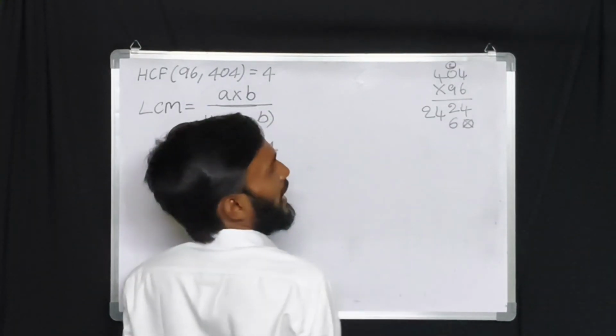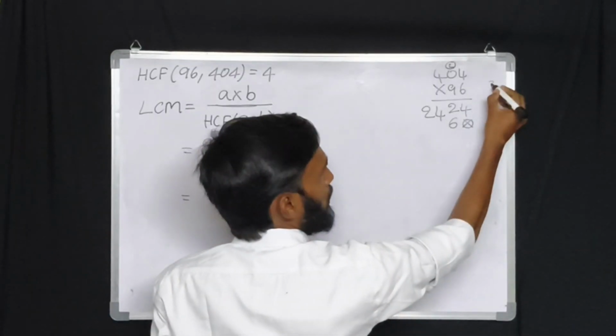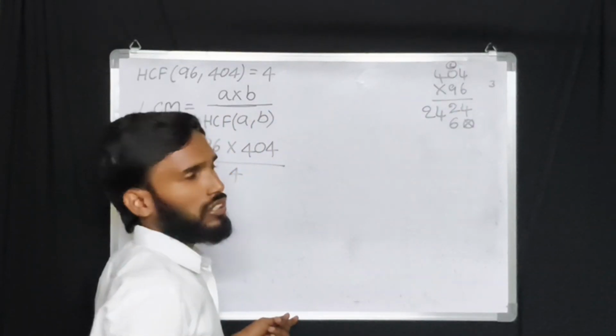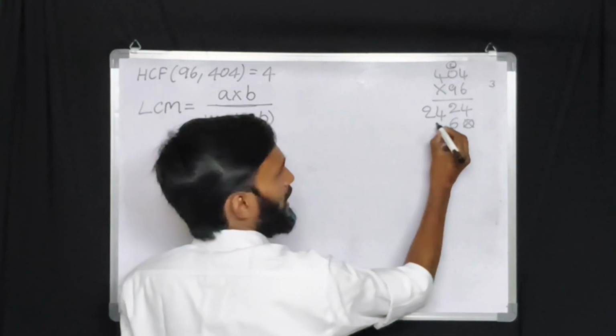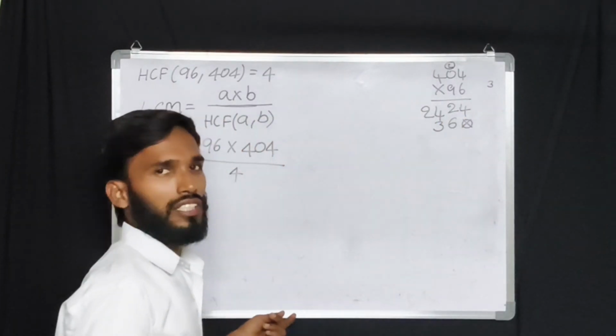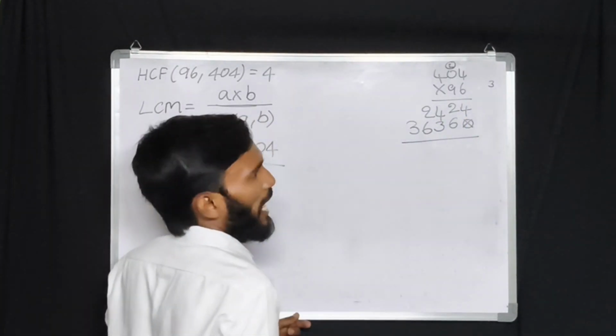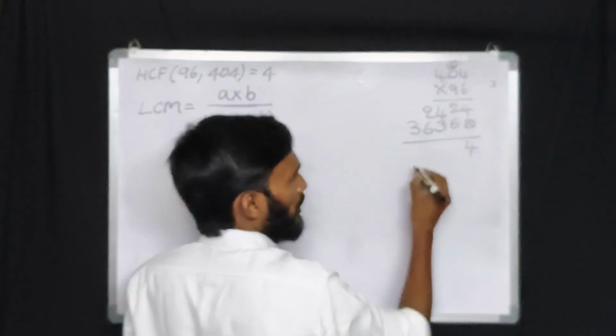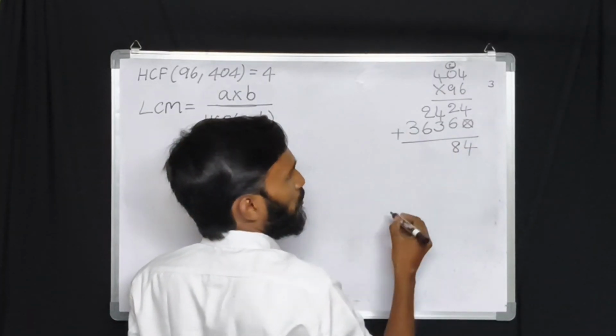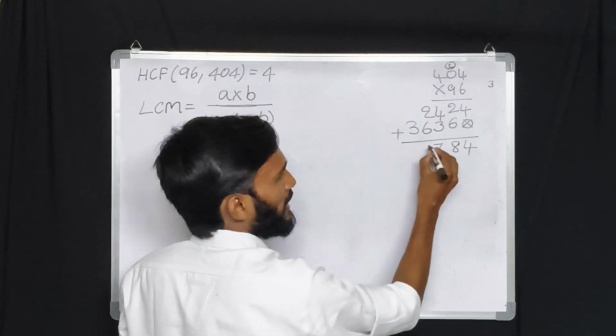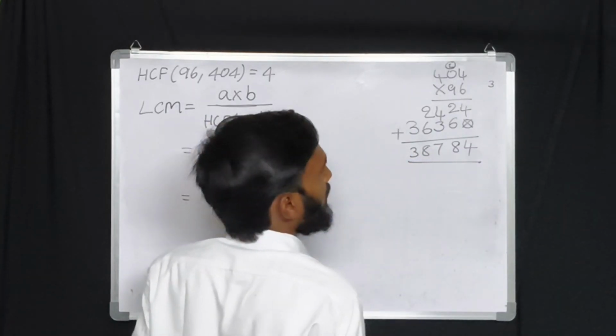Write the 6 in the 10's place. Now write 3 beside. Next 9 zeros, 0. 0 plus 3, 3. Now 9 4s, 36. Now add. What answer will you get? 4. 2 plus 6, 8. 4 plus 3, 7. 2 plus 6, 8. 3. What's the answer?